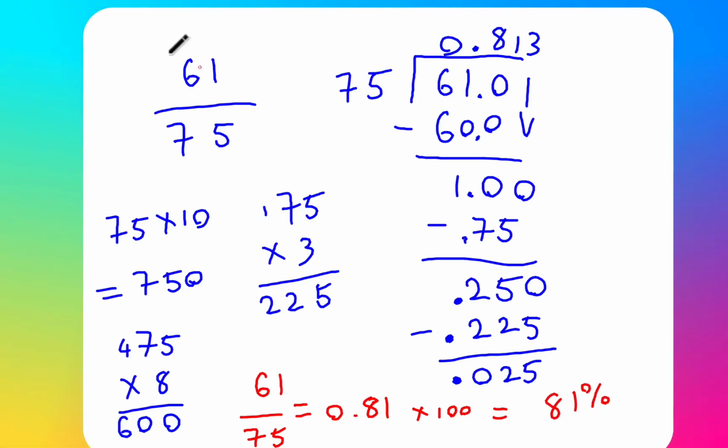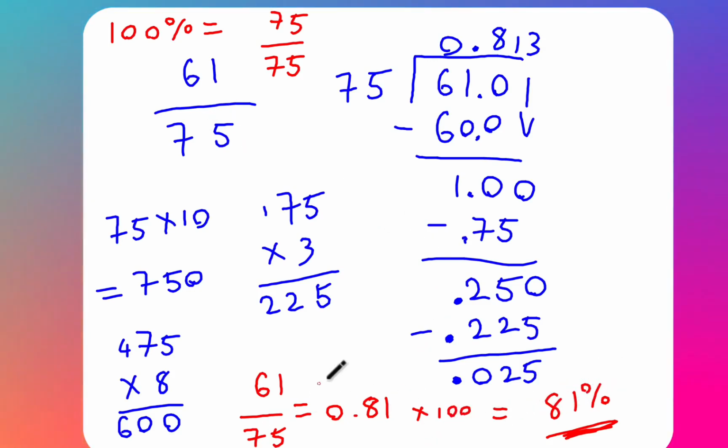So in my test I did not get 100%, which would be equal to 75 out of 75, but I did get 81% by getting 61 out of 75. And that is how we convert fractions into percentages. And again, to convert percentages into fractions, we would say 81 over 100.